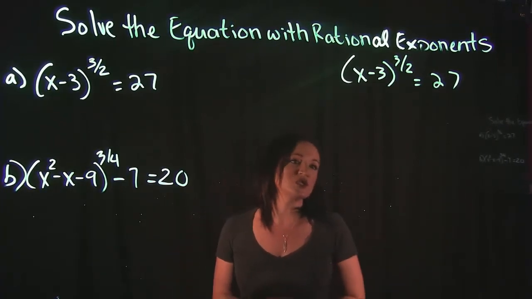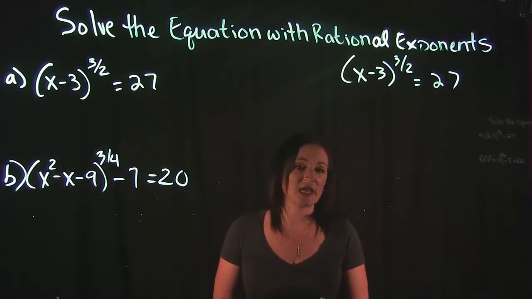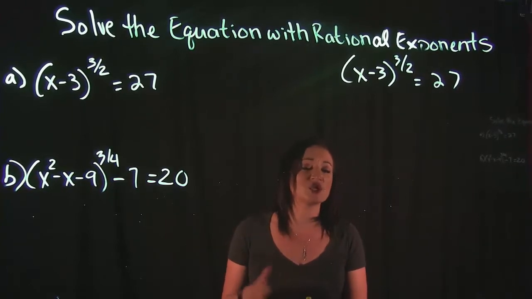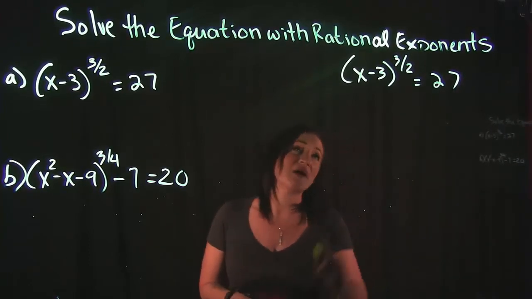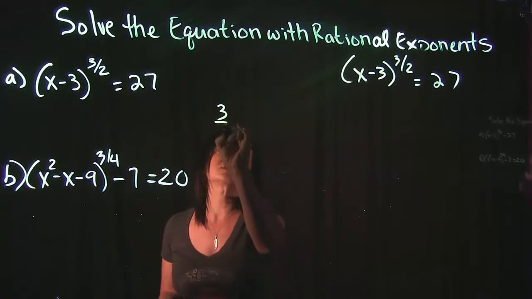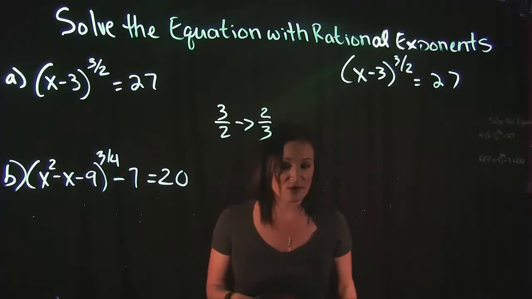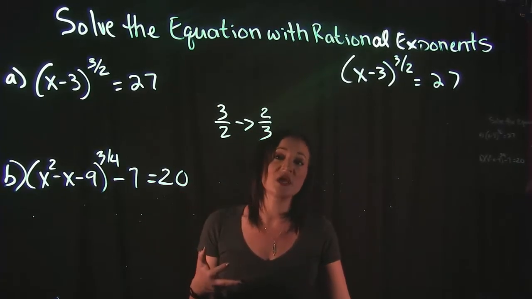So we can go ahead with solving that equation. The second step, after that term is isolated, is you're going to raise both sides of the equation by the reciprocal of that fraction. We have the fraction of 3 halves. The reciprocal of 3 halves is 2/3. Remember, for the reciprocal, you just flip the fraction.